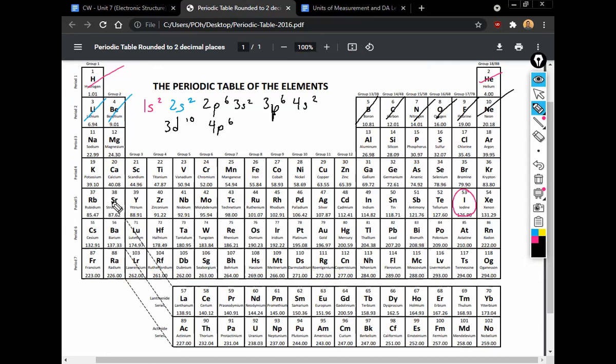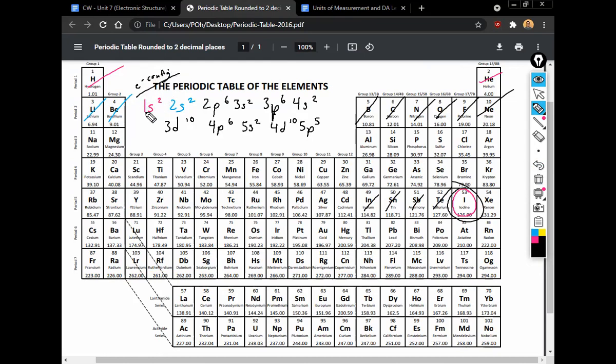We have 5s2, and then here we have 4d10, and then for iodine, we're finally at 5p, 1, 2, 3, 4, 5. So 5p5.